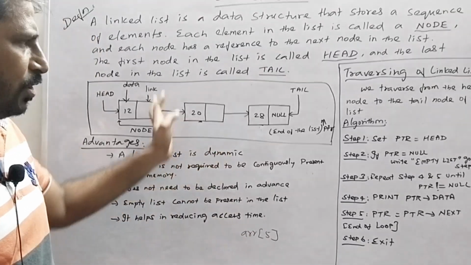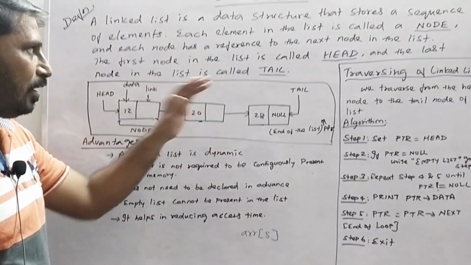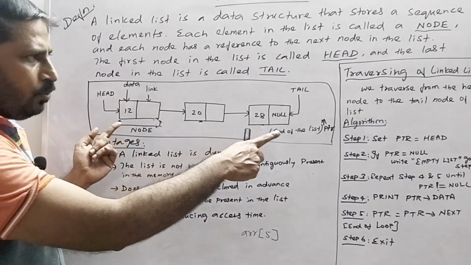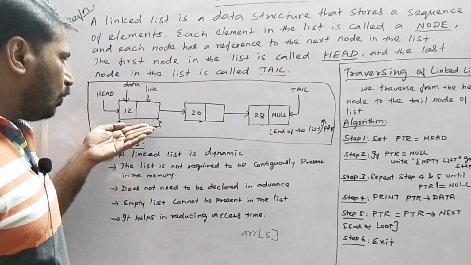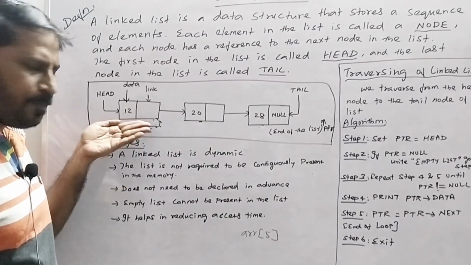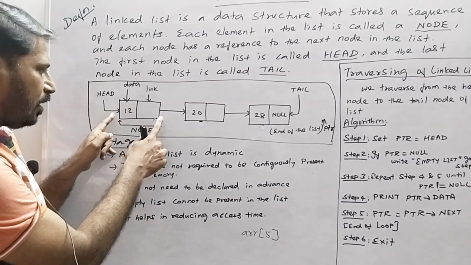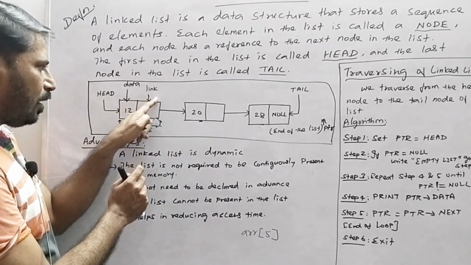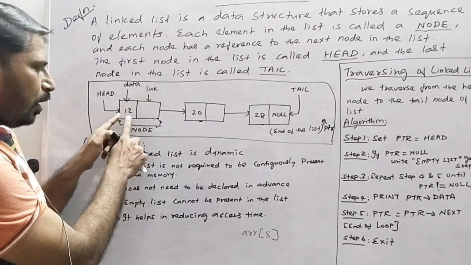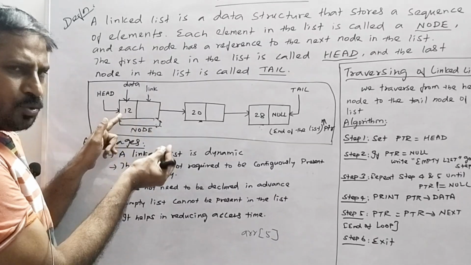Okay. So this is the picture of that linked list. Before I go to the traversing a linked list algorithm, I want to explain this particular information. Each and every node contains two parts: one is the data part, another one is the link part. In the data part I store the value.